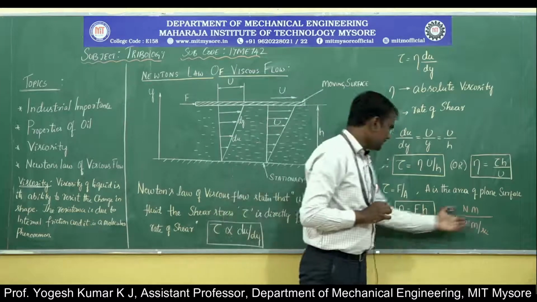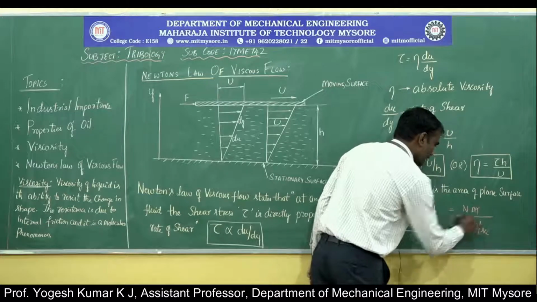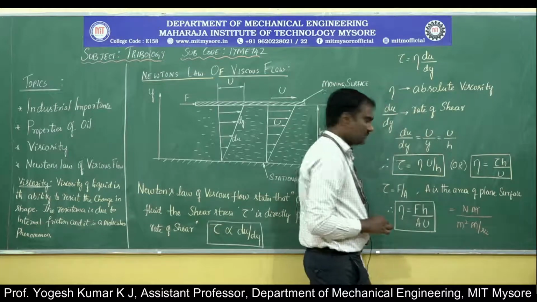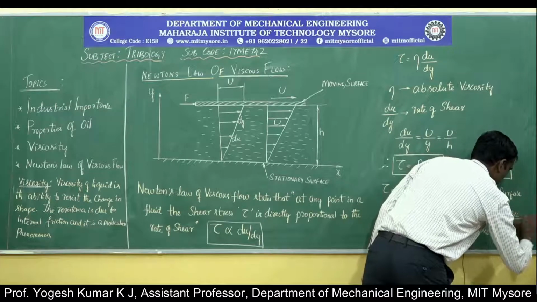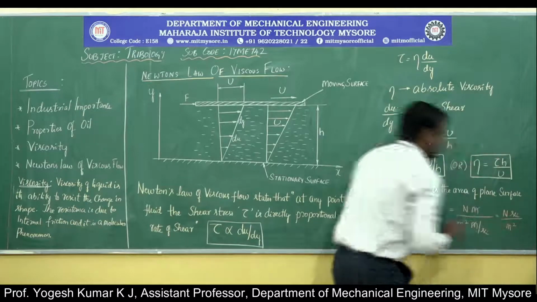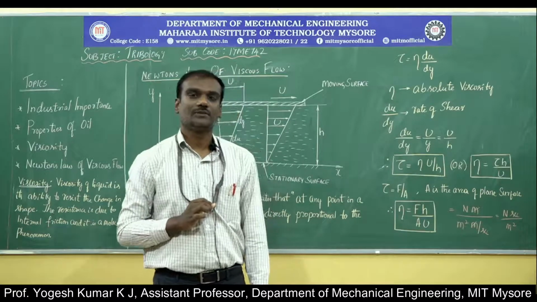So we reduce this with the help of our dimensions. The meter cancels, so we end up with Newton second per meter square. This is the unit of absolute viscosity.